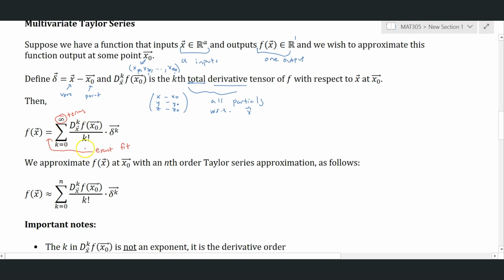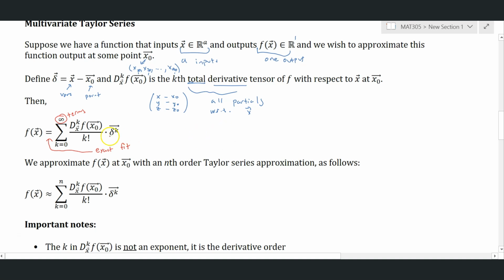If you reduce this down to just one input and one output, you'd see that it's really just the Taylor series approximation. Notice that it's still dividing by the k factorial, and it's the derivative times the shifts. If we remember from the Taylor series polynomial, we'd have a derivative evaluated at our condition multiplied by x minus x naught, to the first power, to the second power, etc.